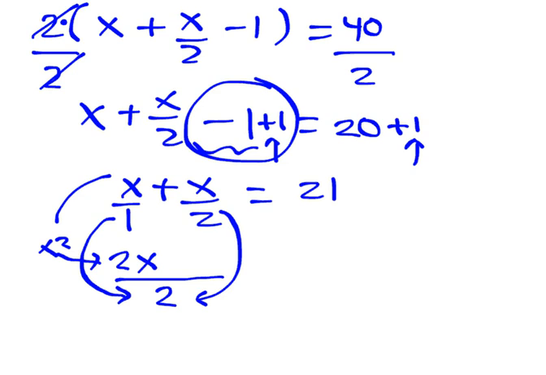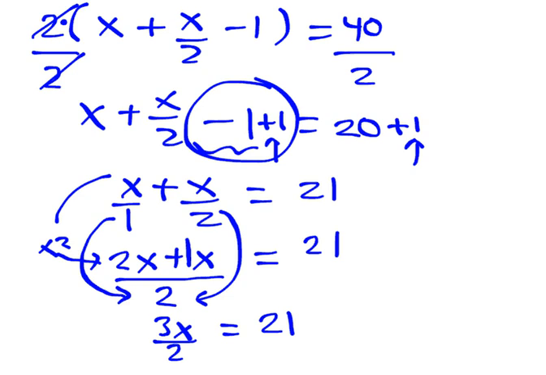This here is already over 2, so I just leave it like that, and that is equal to 21. I have 2x plus x, and this is 1x. So 2x plus 1x, I have 3x over 2 is equal to 21.